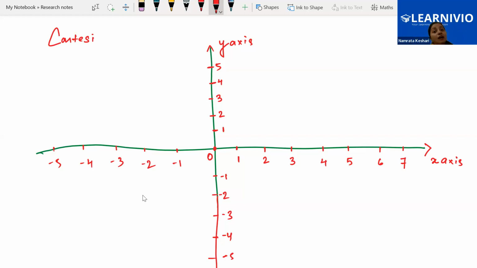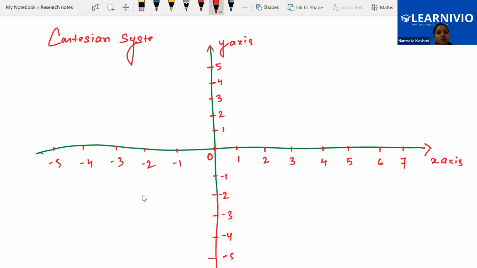What we have done is take two number lines and place one horizontally and another vertically, but we were careful while placing them. We have kept zero of the vertical line on the zero of the horizontal line. This is how we have made a system, and it is called the Cartesian system.